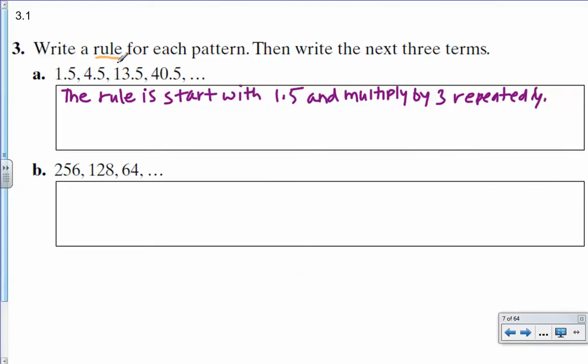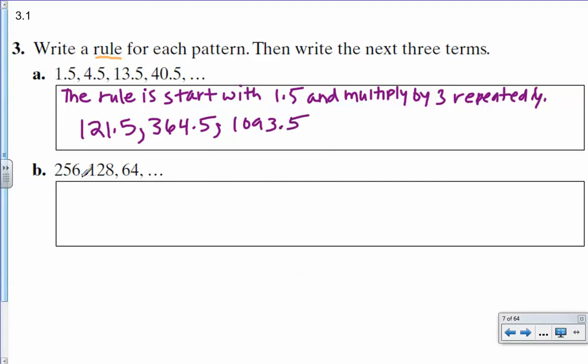But then when I look at the second and third terms, adding 3 doesn't work, because then this would be 7.5, not 13.5. So then we know that we have to be multiplying. So then our next numbers are going to be 121 and 5/10, 364 and 5/10, and 1093 and 5/10.